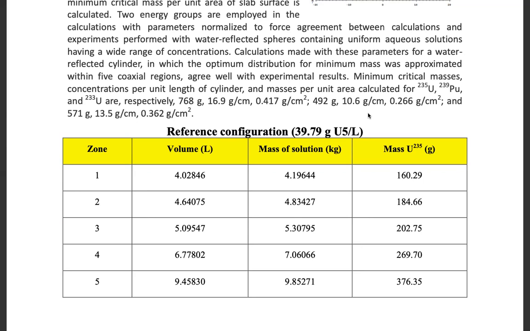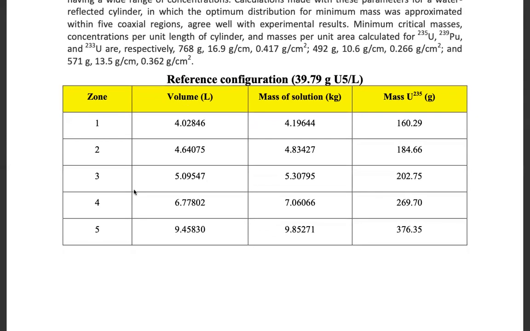These numbers are for plutonium, and these numbers are for U-233. Now, in the reference experiment that Clark did, you can see over here that these are 5 coaxial cylinders with different volumes, so they're not equal volume, and they've got so much mass of solution in them. So the mass of U-235 is distributed like this.